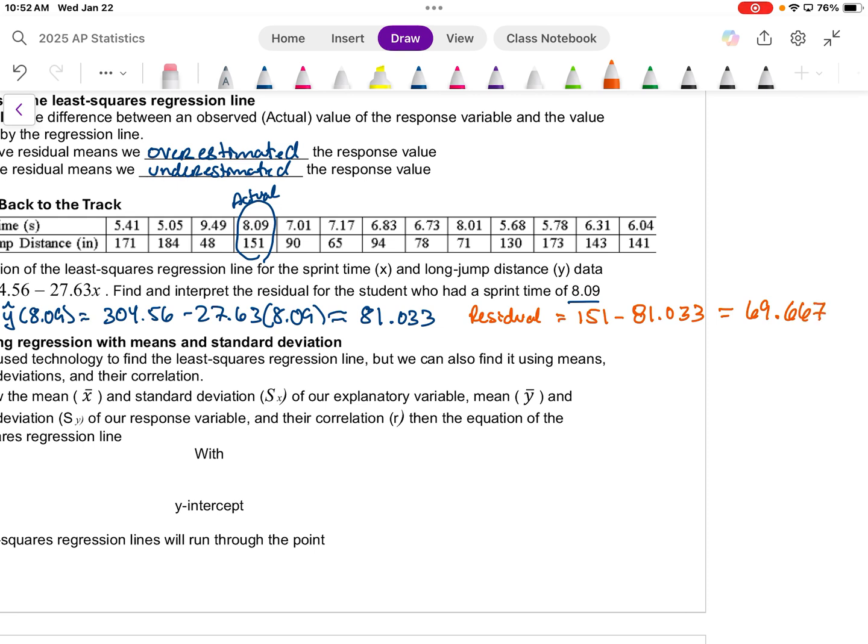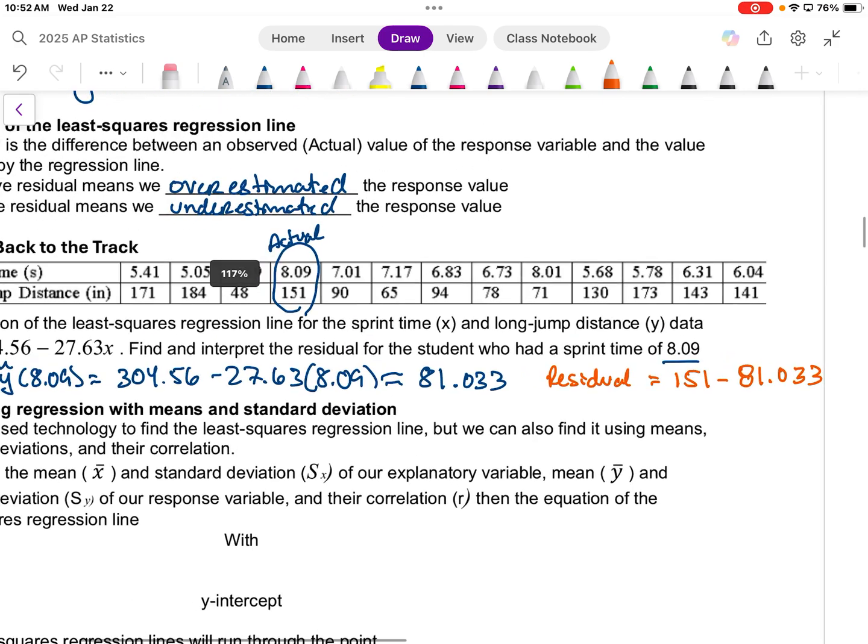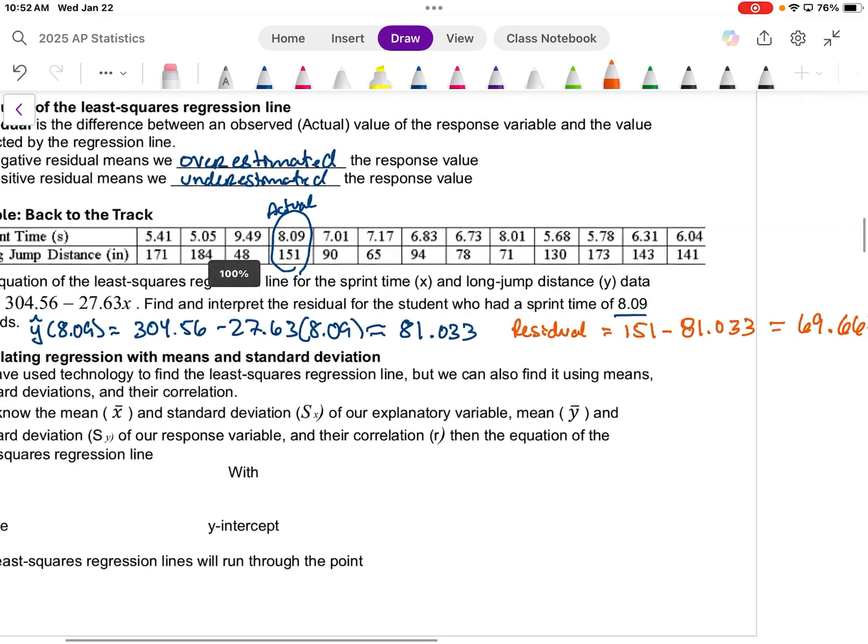And then now we have to answer the question, was it an overestimate? Was it an underestimate? It's positive, so it's a positive amount. Positive means an underestimate. Okay, positive means an underestimate.